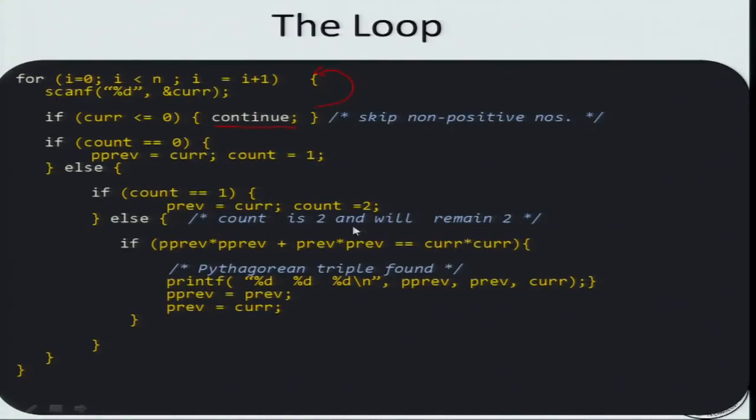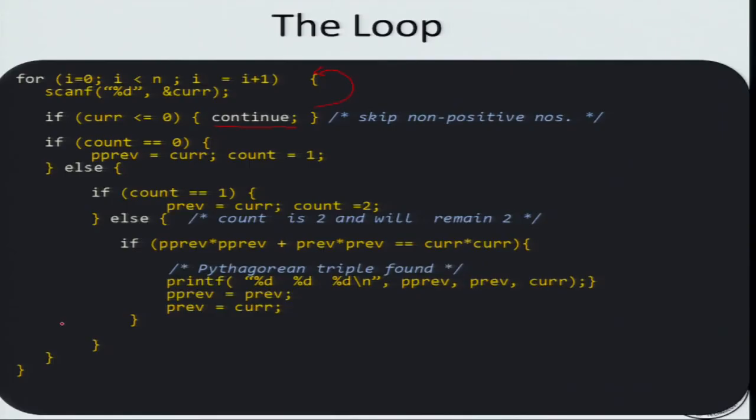Okay. So I will not update count from now on. You can also do that, but count afterwards serves no purpose. So I'll say that count is 2 and I'll just adopt the convention that it will remain 2. So I've seen at least 2 positive numbers. Now I have also a third number, the current.